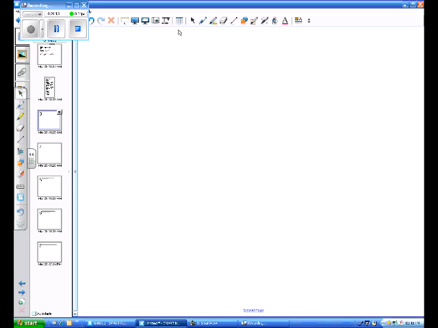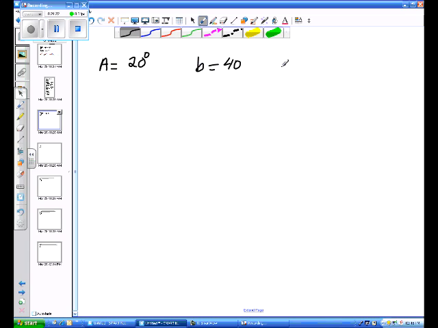Say that angle A is 20 degrees, side B is 40, and side C is 30. So we draw our triangle.